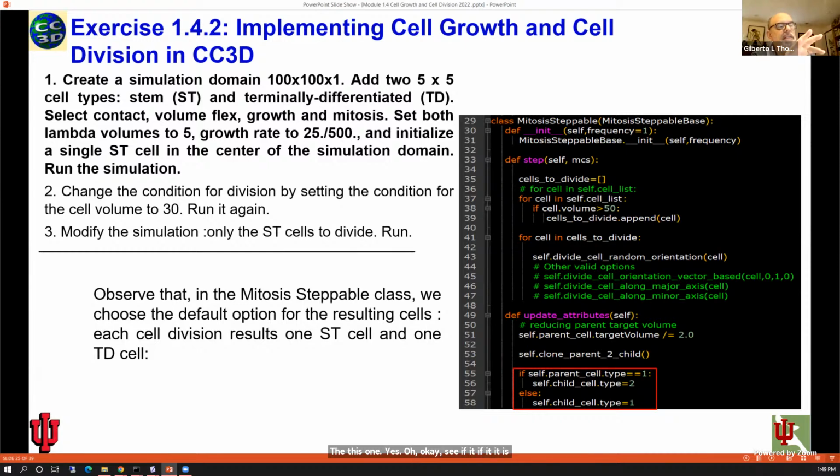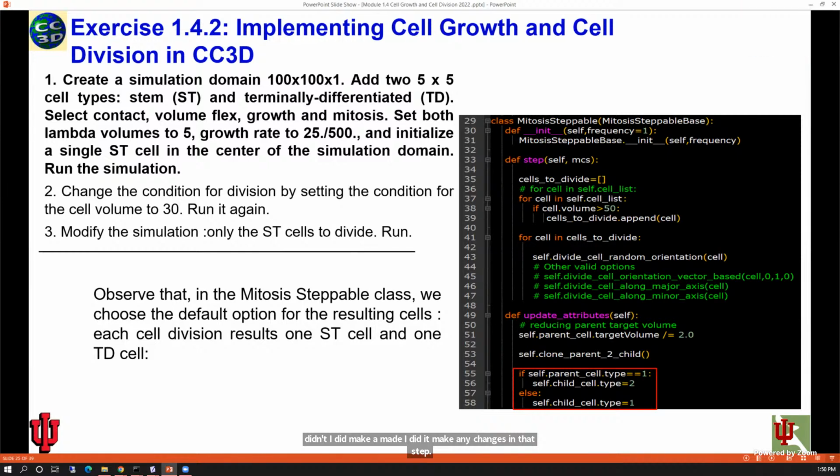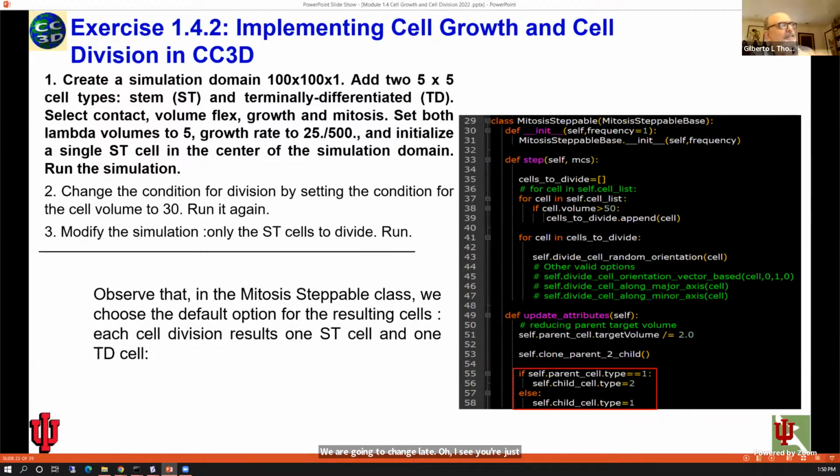I didn't make any changes in that steppable. We are going to change it later. Oh, I see, you're just highlighting it. Yes, the red box. I just highlighted it to show that because we implemented two cell types, we are having two different cells after each division. This is the default way.